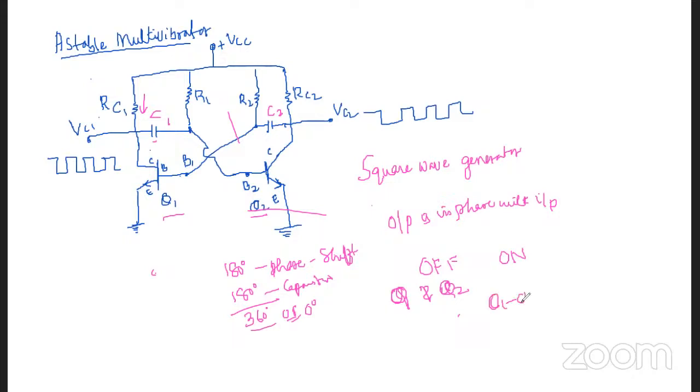Q1 is on, Q2 will be off, and next Q2 is on and Q1 will be off. And again, next, Q2 will be off and Q1 will be on here. Like this it takes place continuously, and you get what we call continuous oscillations.